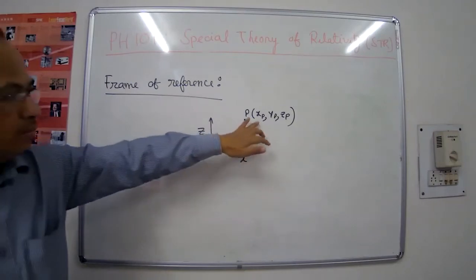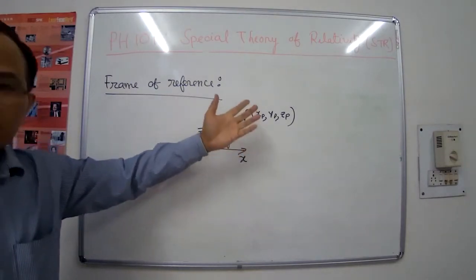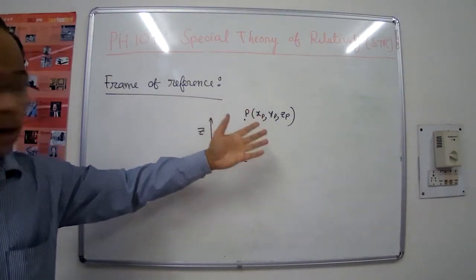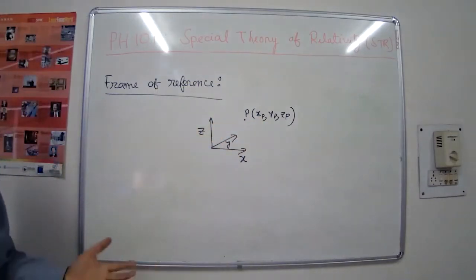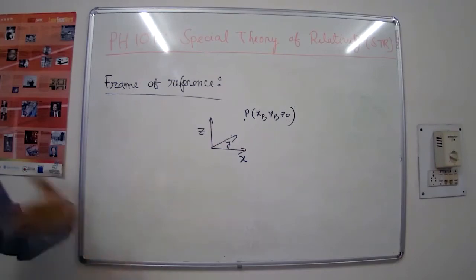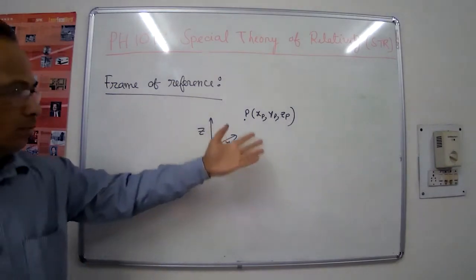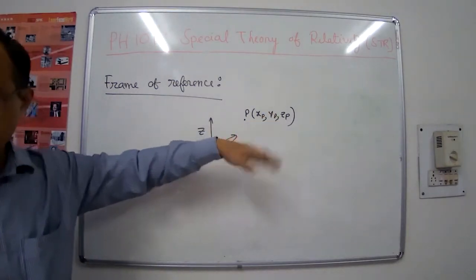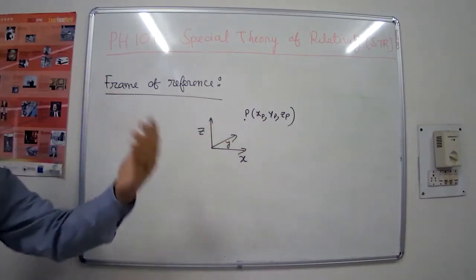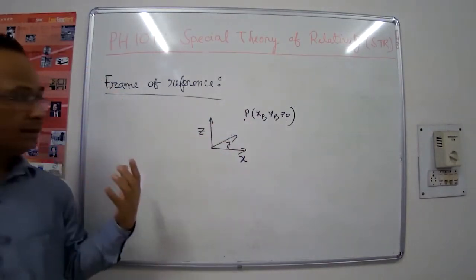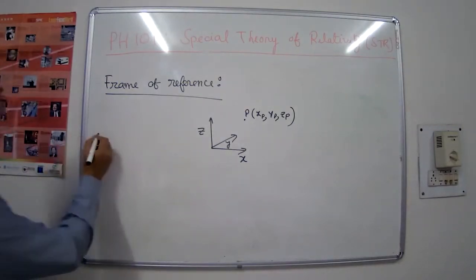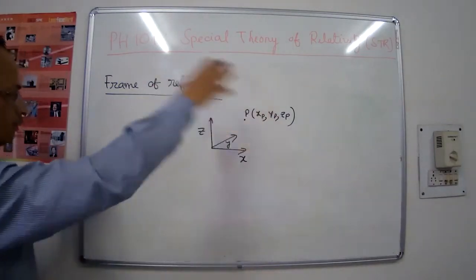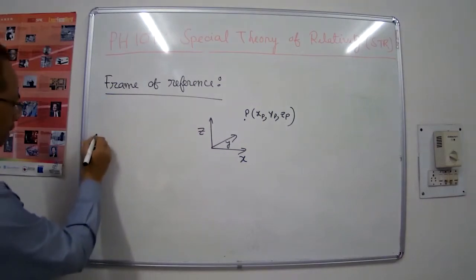Velocity means how the instantaneous x, y, and z positions are changing with respect to time. If I have an expression of xp, yp, zp with respect to time, I can use it to define the velocity of the body. So this actually constitutes a frame of reference.